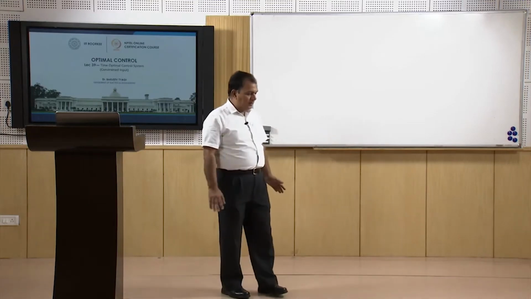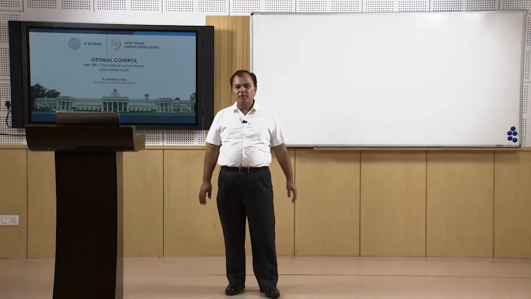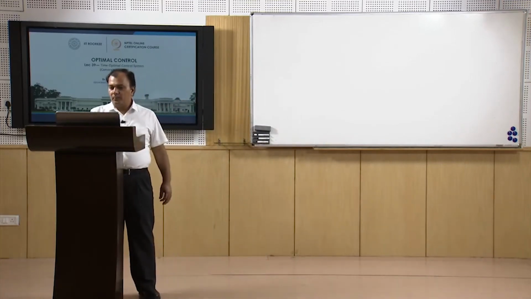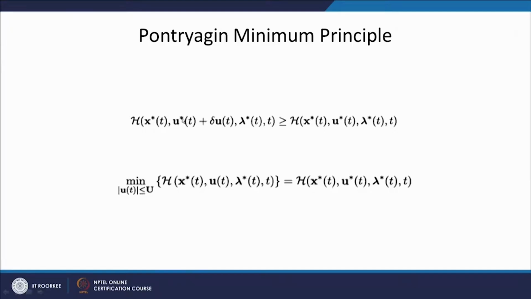In the previous class we started our discussion on the Pontryagin minimum principle. What does the Pontryagin minimum principle say? If we find the Hamiltonian at a given control, which is u star plus delta u, and my control is bounded, then the Hamiltonian at any control point is always greater than or equal to the Hamiltonian at the optimal point.